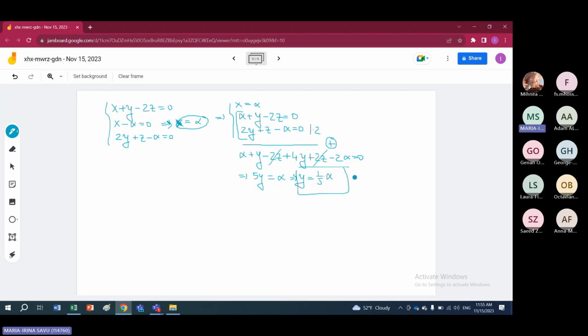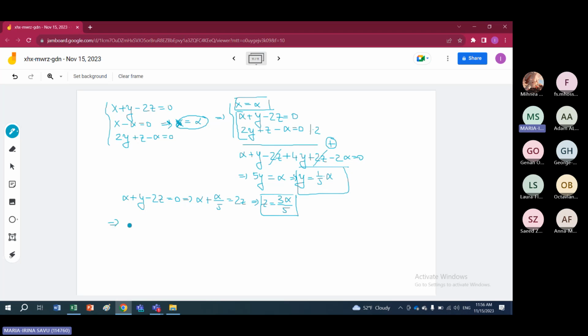Okay, and now I'm taking a look at the first equation. So I have that alpha plus alpha over 5 is 2z. So I have here 6 over 5, so z is 3 alpha over 5. And x is alpha, t was also alpha.